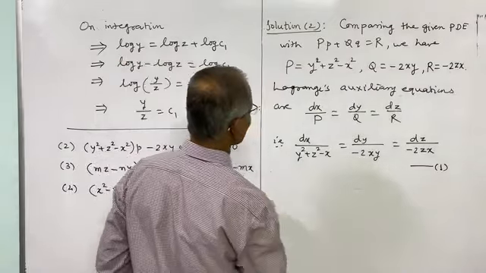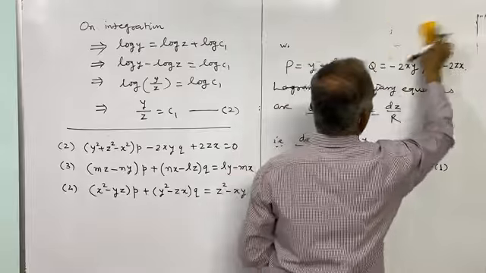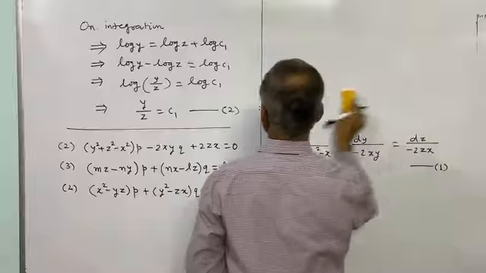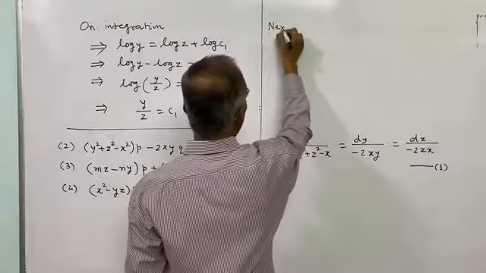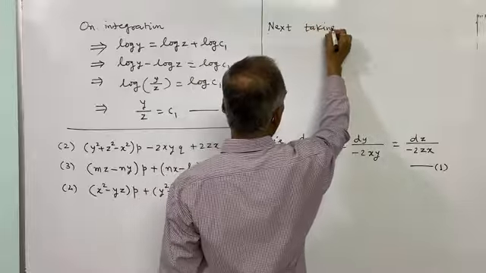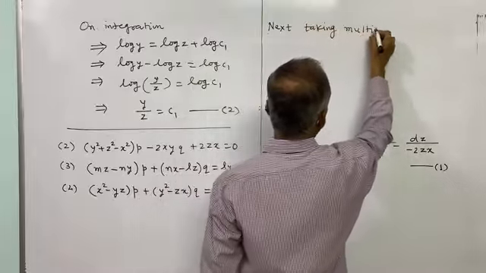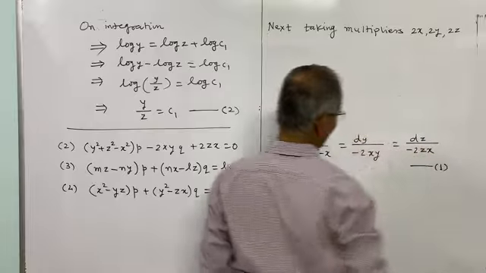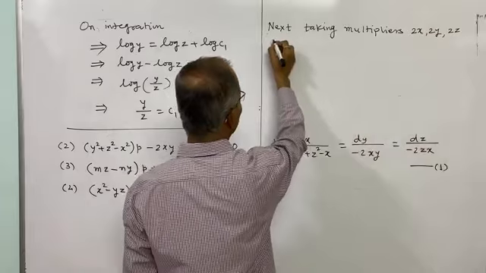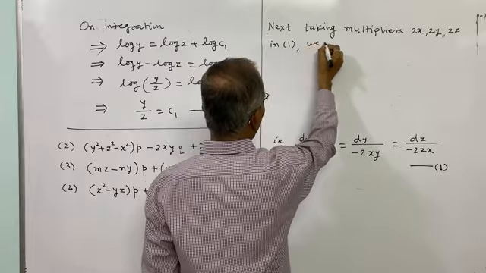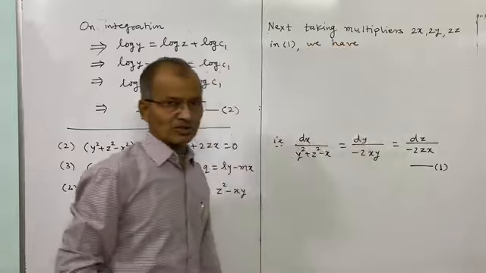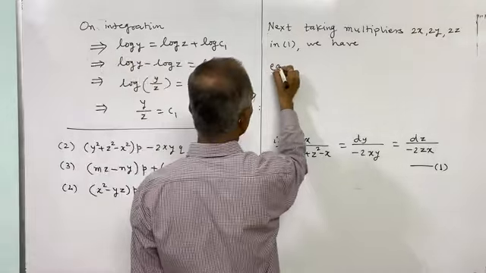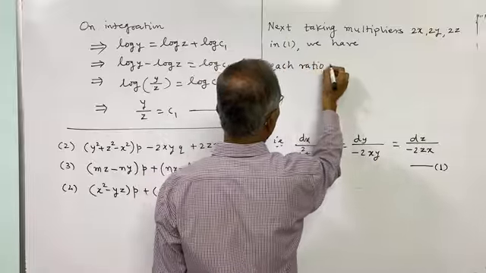Next I am writing here. Now taking multipliers 2x, 2y, 2z in 1, we have each ratio is equal to, this is the property that we have written earlier.